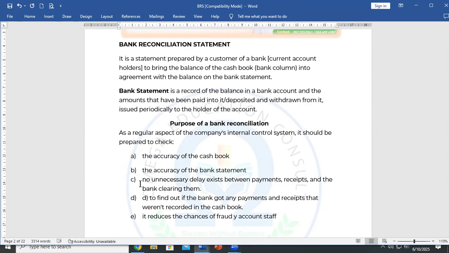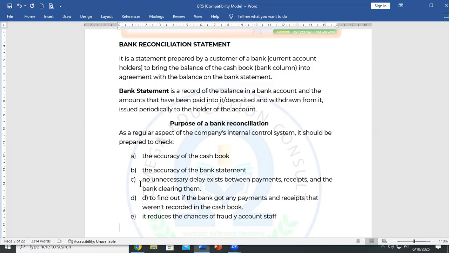The third one is to check that there is no unnecessary delay between payment, receipt, and the bank clearing them. Let me speak more about this point. For example, if you take a check to a bank, say the check is for GCB, but you are paying it into an ADB account, it takes time for such a check to be cleared.